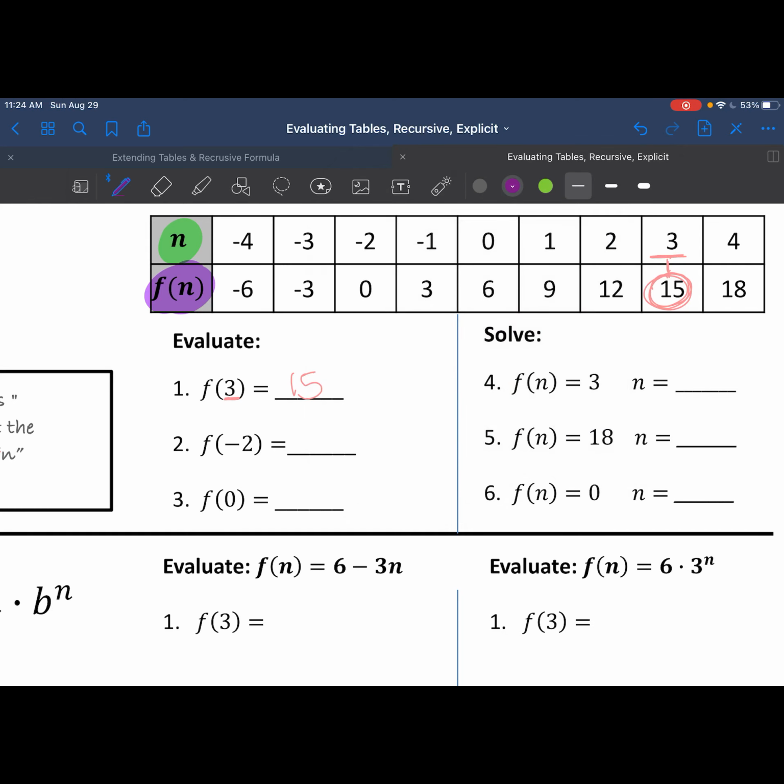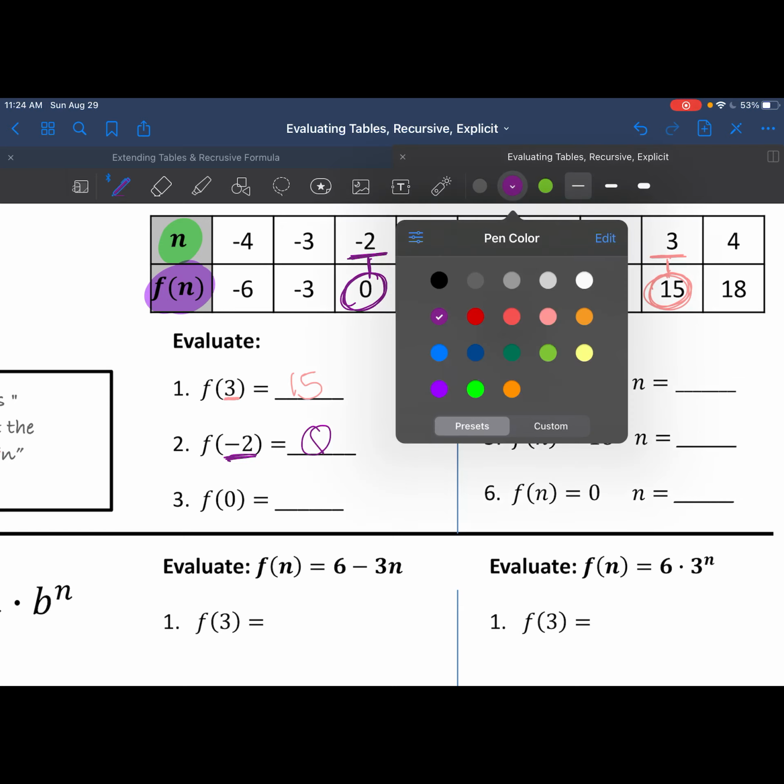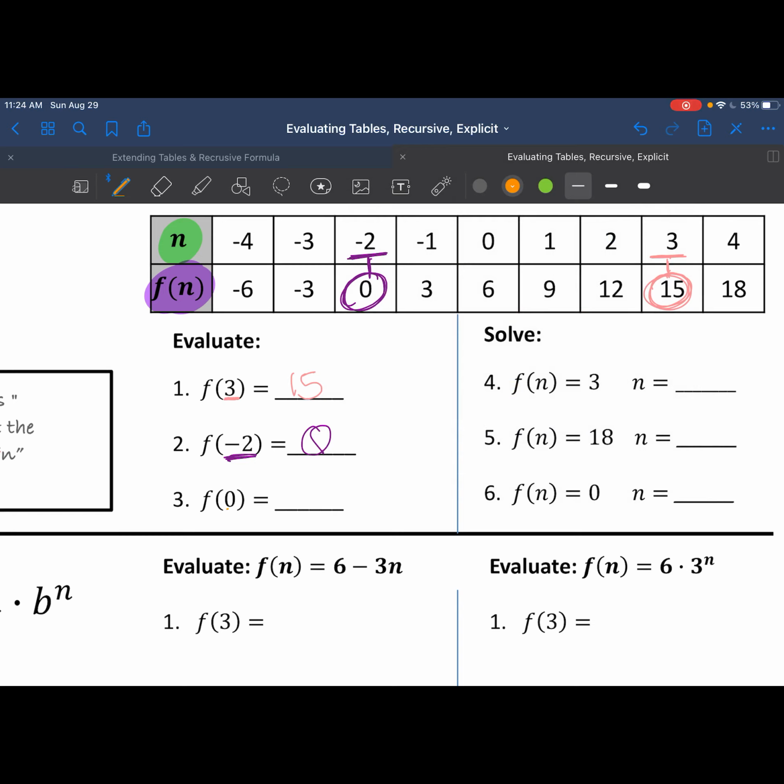Next up we have f of negative 2. So when our n value is negative 2, its f of n partner is 0. Then we have f of 0.